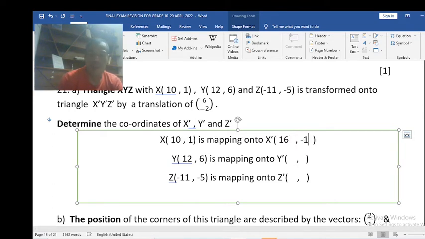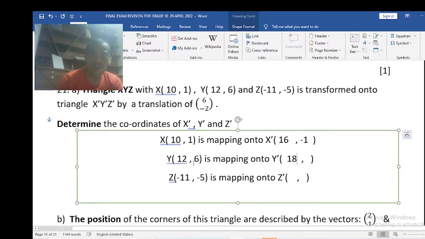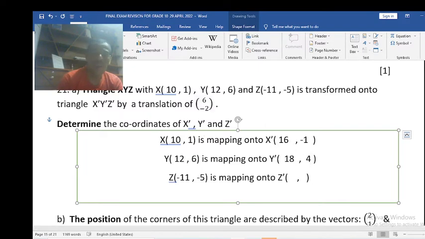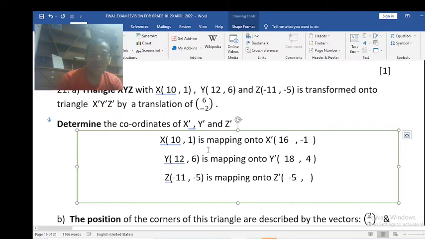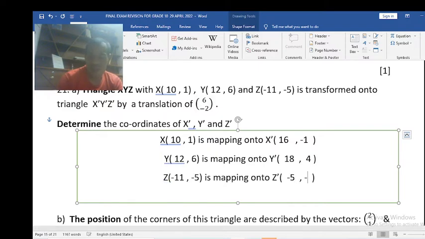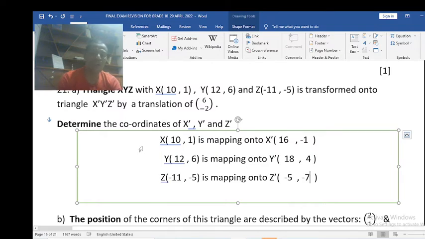Then 12 plus 6 is 18, and 6 minus 2 is 4. Then minus 11 plus 6 is minus 5, and minus 5 minus 2 is minus 7. So this is the correct answer, learners.